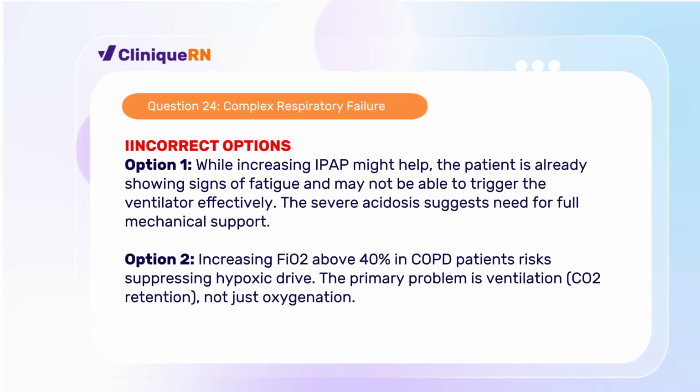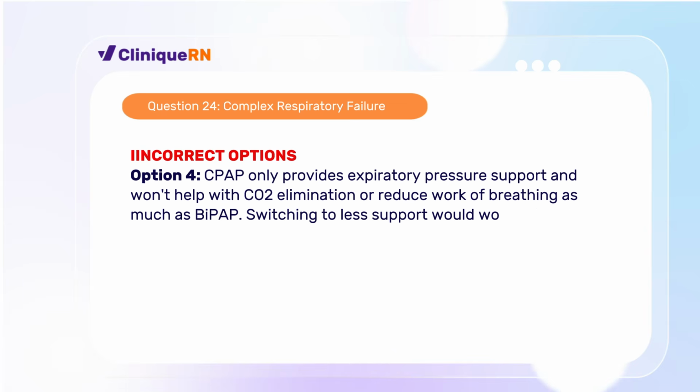The primary problem is ventilation, CO2 retention, not just oxygenation. Option 4. CPAP only provides expiratory pressure support and won't help with CO2 elimination or reduce the work of breathing as much as BiPAP. Switching to less support would worsen the situation.